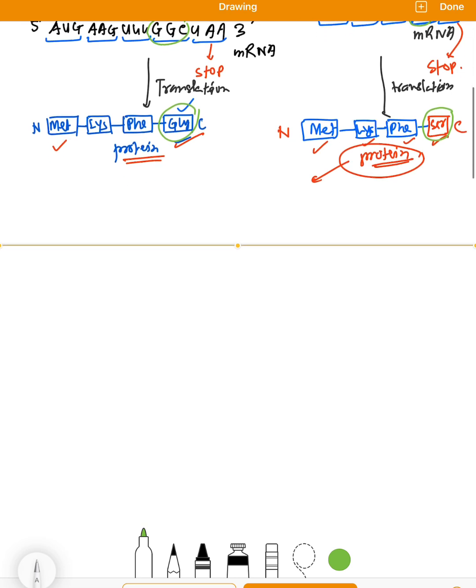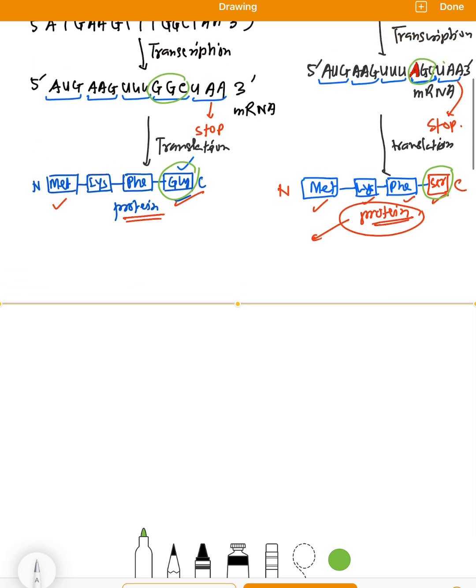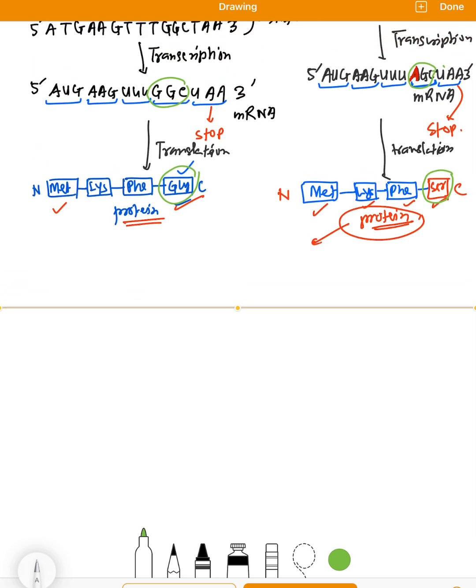There is one practical example of this missense type of mutation, that is the beta globin mutation, as we have seen in case of sickle cell disease. In sickle cell disease, the beta globin is mutated, and due to that mutated beta globin, the adult hemoglobin is changed into the sickle cell hemoglobin, that is HbS.